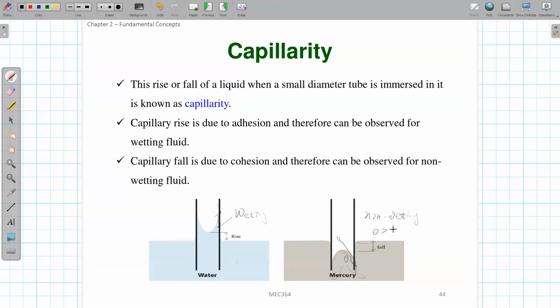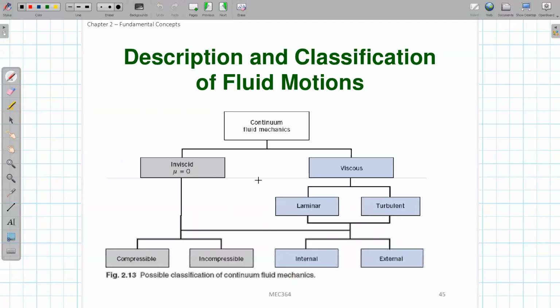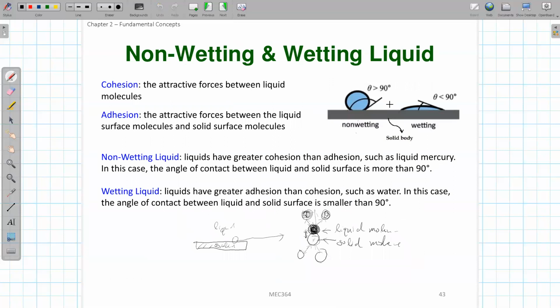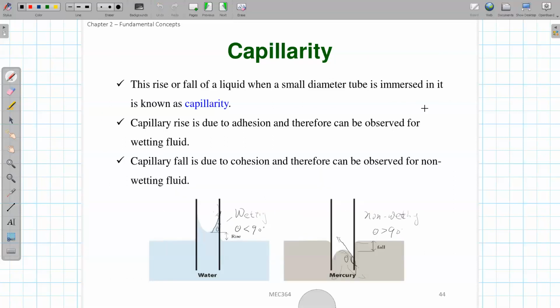On the other hand, for this one, if you draw the tangent direction, and this will be theta, in this case theta is smaller than 90 degrees. So this will become wetting.